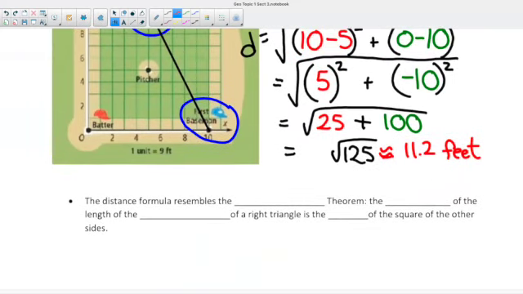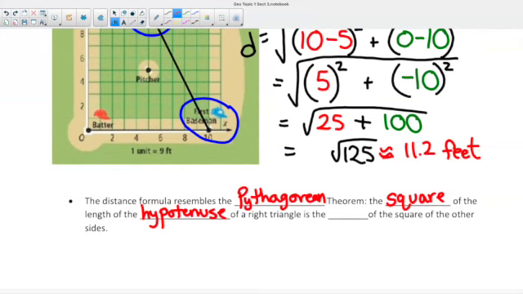And here's a little summary. The distance formula resembles the Pythagorean theorem. The square of the length of the hypotenuse, that's the diagonal side, right, of a right triangle is the sum of the squares of the other sides.